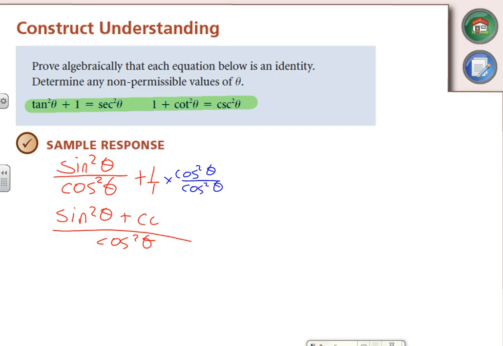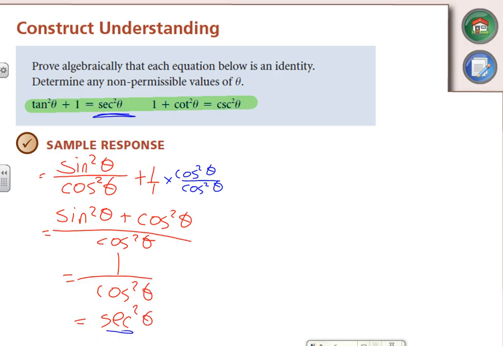And so we've got sine squared plus cos squared. Oh, hey, we just went through that on the other page. That's 1. 1 over cos squared, that is secant squared. Oh, look at that. Left side equals right side.